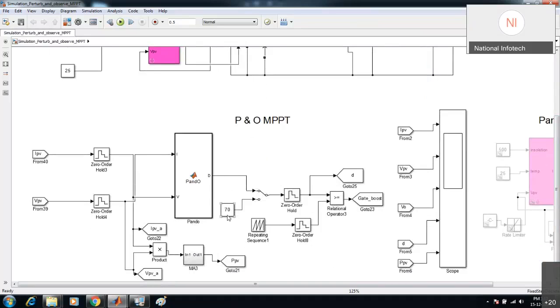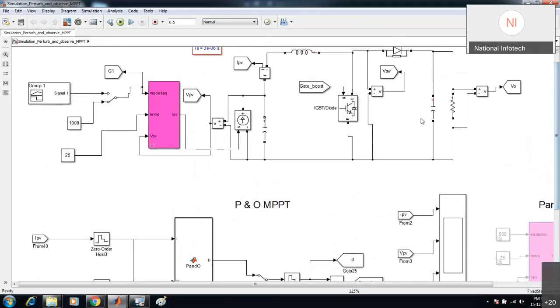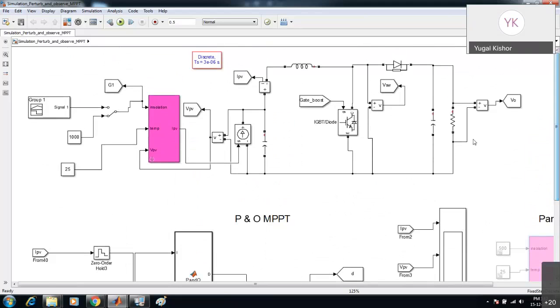Okay, so this duty is a constant we are giving, and this duty is being given by this P&O algorithm. Okay, and from here we will get the pulses for this switch, this IGBT. Sir, what is the output voltage level of this converter? Output voltage level will be 2 times whatever the VPV is.